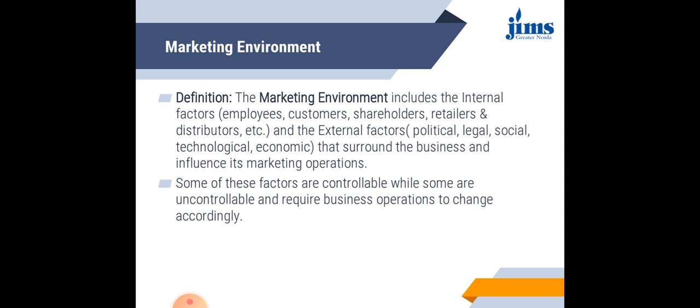So some of the factors are controllable whereas some are uncontrollable. This means that there are certain factors which can be controlled or directed by the organization or by the people who are working in the organization, whereas there are certain factors or aspects which are not under the direct control of an organization.